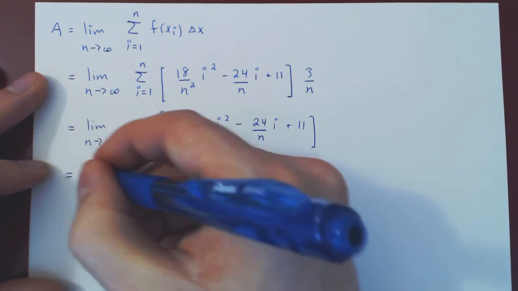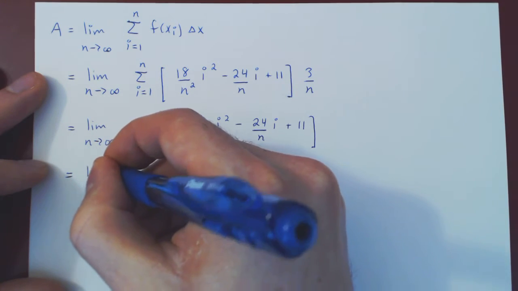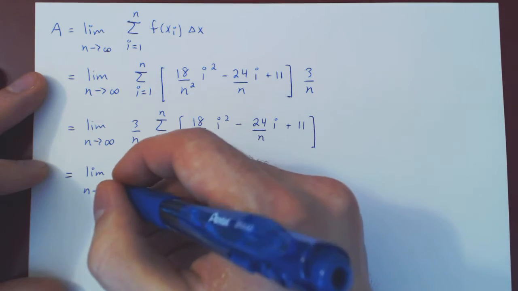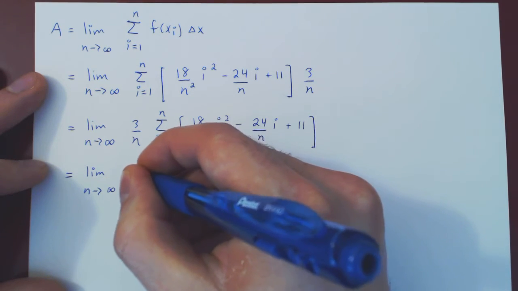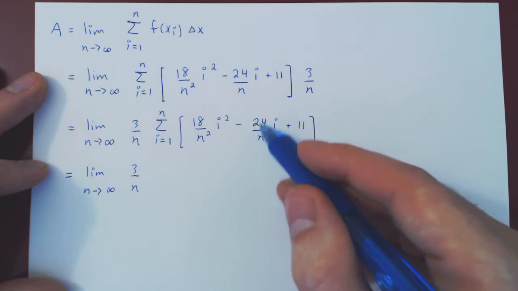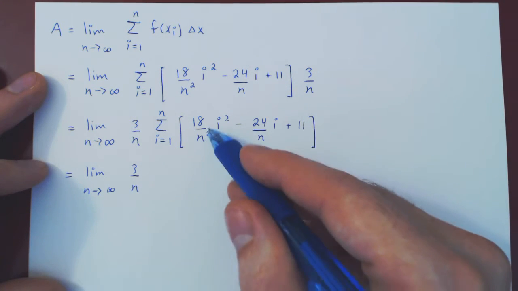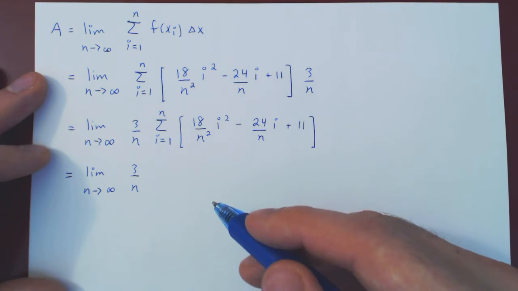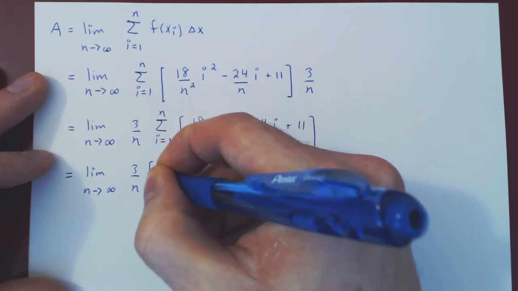Now we're going to use our second property of sigma notation to break up the sum of these three terms into three separate sums. If we're summing over a sum or a difference of terms, we can sum the terms individually and then subtract and add up these individual sums. So let's do so.